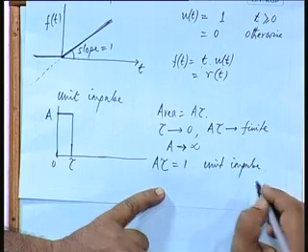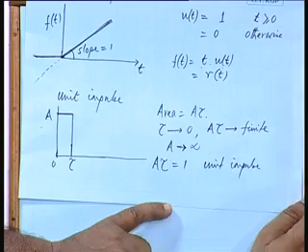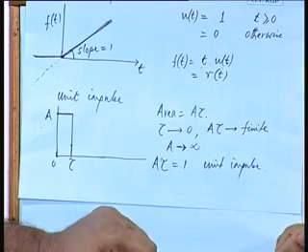You hit a cricket ball with a very large amount of force, so F is tending to infinity, while the duration of contact tau is very, very small. But F into tau, which equals the change in momentum, is finite.